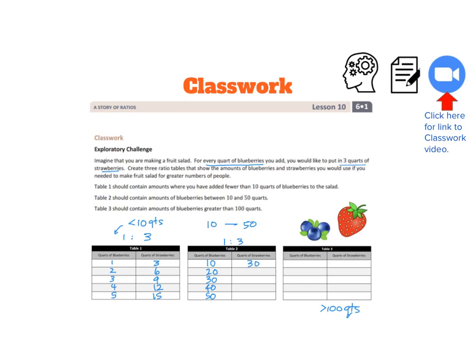So 1 times 20, 3 times 20. 1 times 30, 3 times 30 is 90 quarts. 1 times 40, 3 times 40 is 120 quarts. 1 times 50, 3 times 50, 150 quarts of strawberries. I'm glad I'm not picking them.